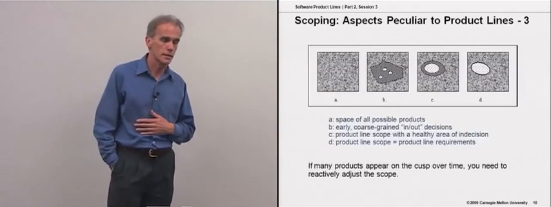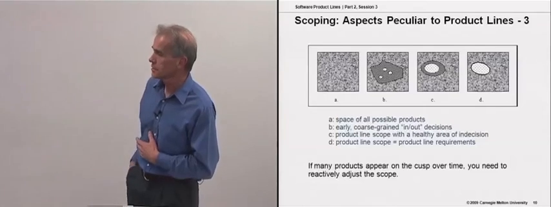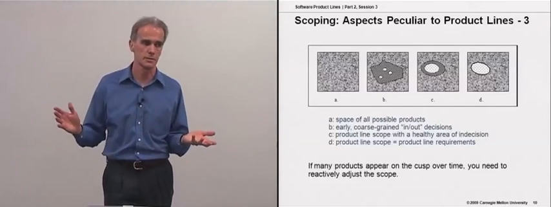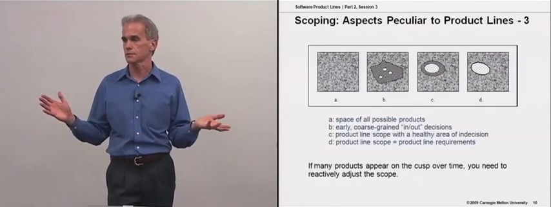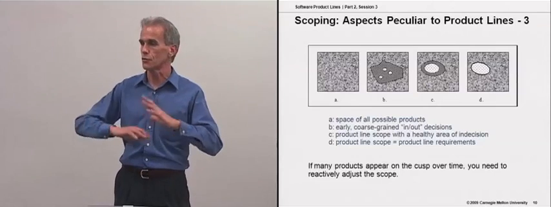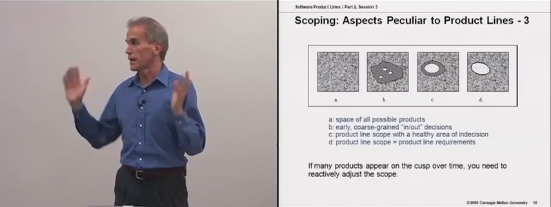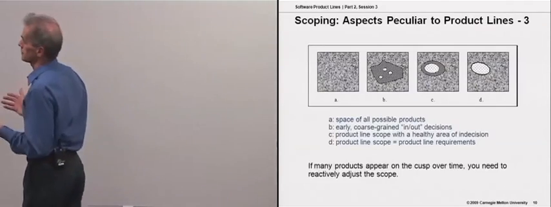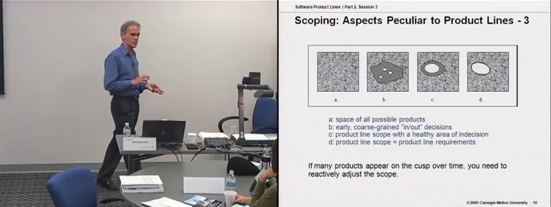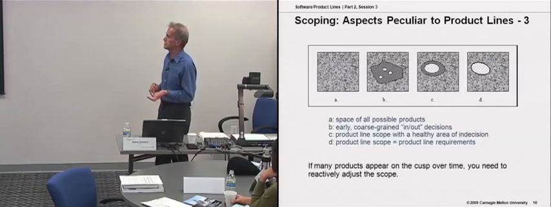So over in diagram A, or figure A of the diagram, this is the space of all possible products we could ever think about building. We have the necessary domain expertise, or at least we think we have, to go after this huge range of products. And then in B, you start to get serious about, okay, which ones do we really think we have a chance at creating, whether it's on the basis of technological feasibility or business prospects.